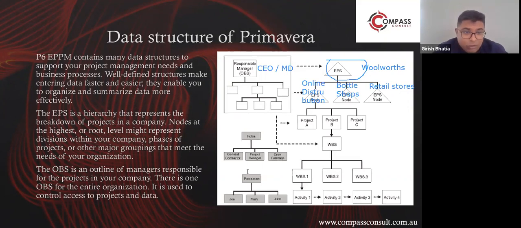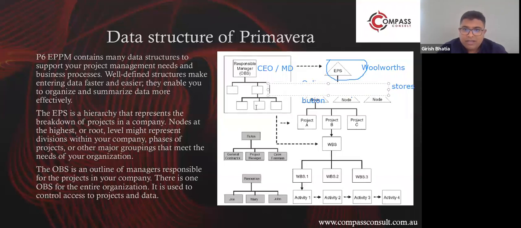And OBS is an outline of managers responsible for the projects in your company. There is one OBS for the entire organization, who is the CEO or the MD. And it is used to control access to projects and data. So I think this is pretty clear and straightforward. We'll move to another slide.